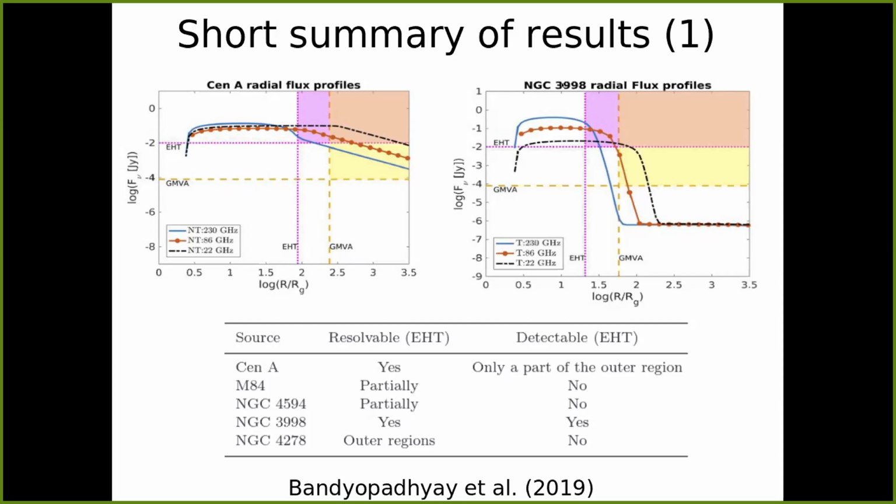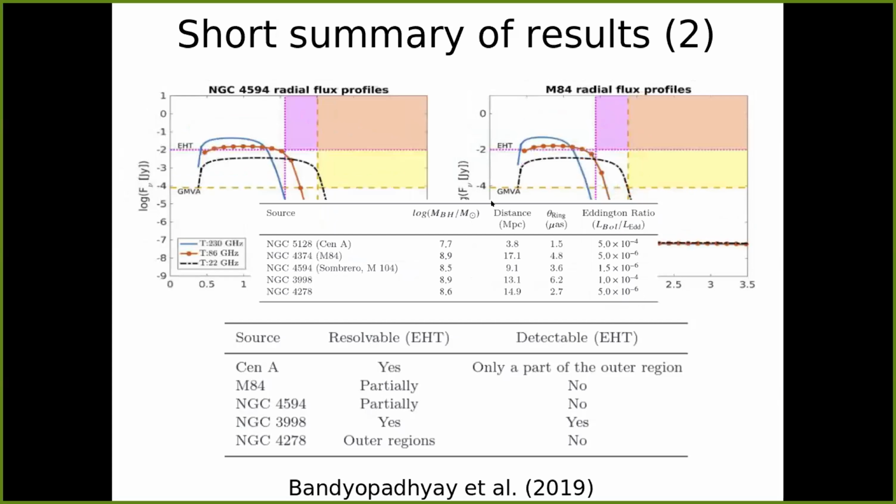And very similar for NGC 3998. Here it's a bit more limited, but part of the outer region you could probably resolve even with the EHT. And it should be improving for the ng-EHT. If we then go to other sources as well, sorry, this table shouldn't be here, we've been looking at NGC 4594.